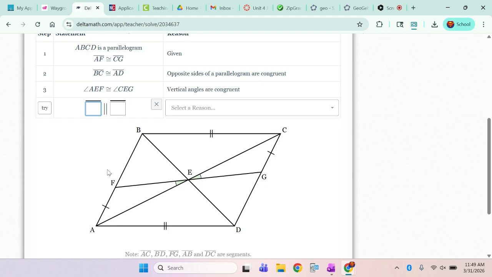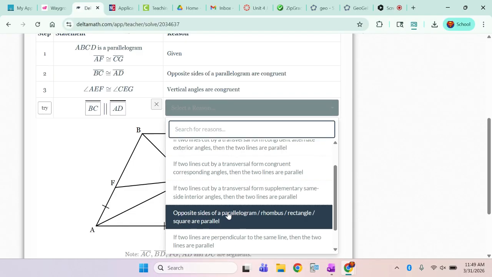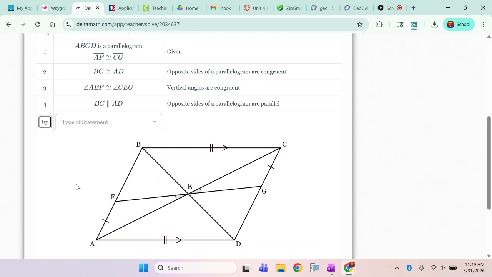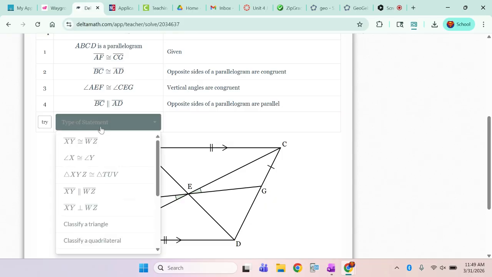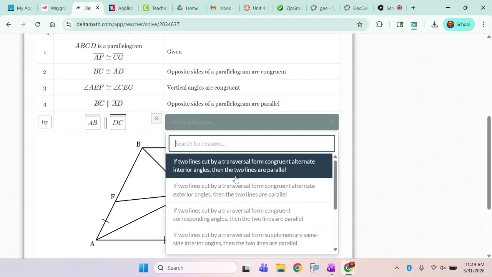So which two sides are parallel? BC and AD are parallel because opposite sides of a parallelogram are parallel. What's the other two sides? AB and DC are parallel for the same reason.